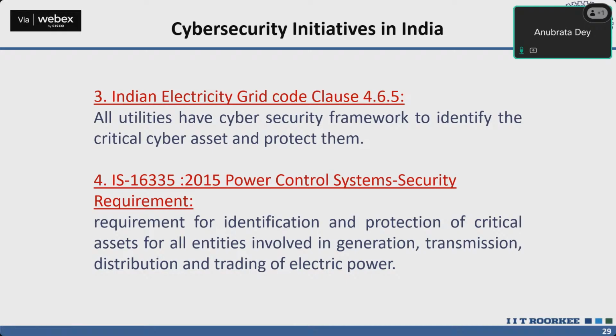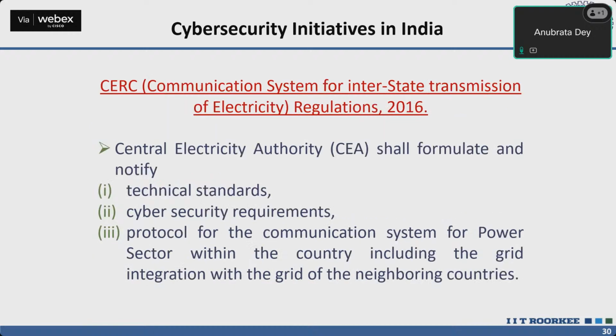Then further, in 2015, the industry acquired IS 16335. This was related to the protection of critical assets of all the entities involved in generation, transmission, and distribution. So there they have given the guidelines. And then finally, CEA, as I told you, the Central Electricity Authority, which works under the Central Electricity Regulatory Commission, CERC, gave the regulations in 2016.